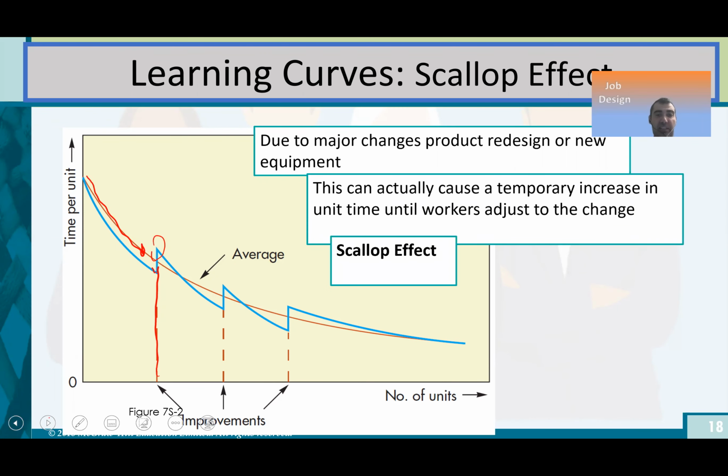This is called the scallop effect. The scallop effect tells you that even if you know your job very well, due to changes in technology and equipment, you're always going to be seeing the learning curve effect.